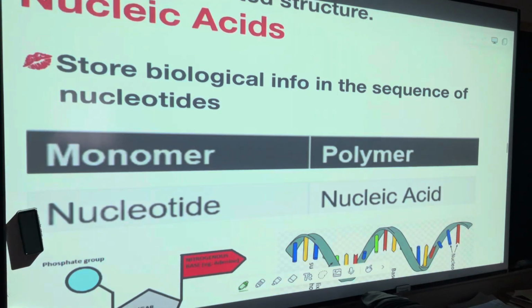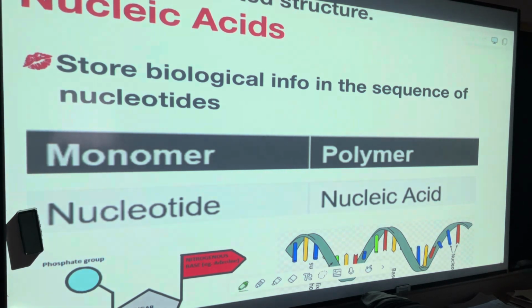So nucleic acids. Stores biological info in a sequence of nucleotides. There we go back to that chain, right? Nucleotides put together in a certain order give you DNA. Now I want to add something to this.